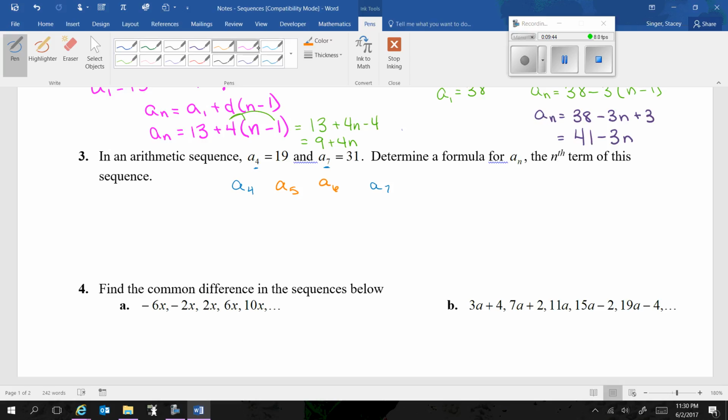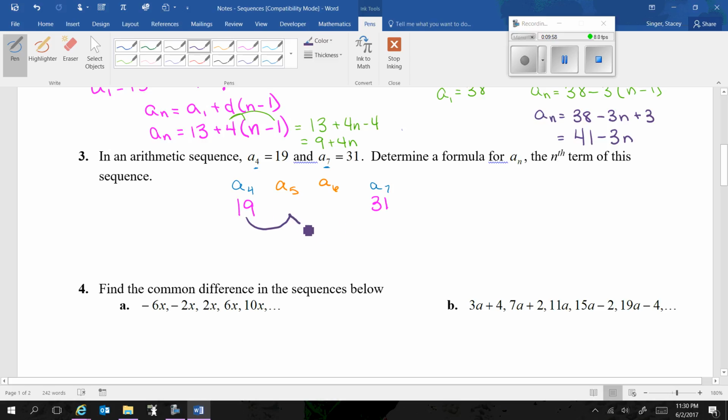So I'm starting with a sub 4 is 19, ending with a sub 7 is 31. How am I getting from 19 to 31? So I'm increasing from a sub 4 to a sub 5, a sub 5 to a sub 6, and a sub 6 to a sub 7. So I'm increasing a total of 3 times. If I'm increasing a total of 3 times, how would I figure out what my difference is between each of those terms?